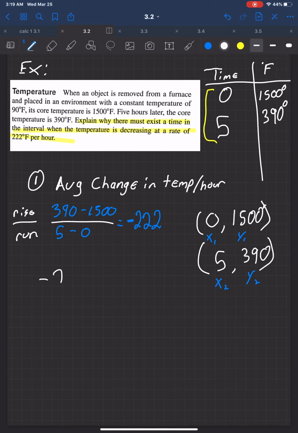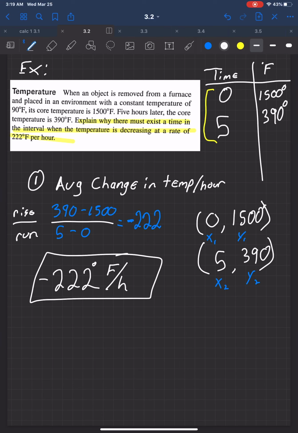A lot of students right now don't know how to answer the question. They're like, Professor, I guess this is cool, it seems pretty easy, but this is the average change in temperature in degrees Fahrenheit per hour. But they feel like, I don't really know how to answer.